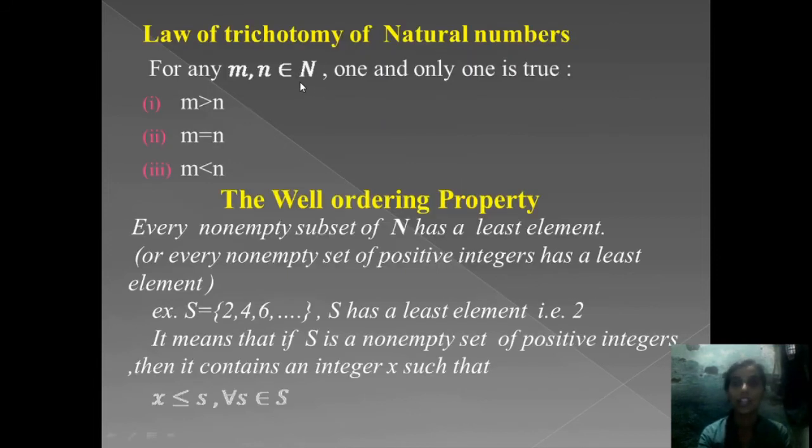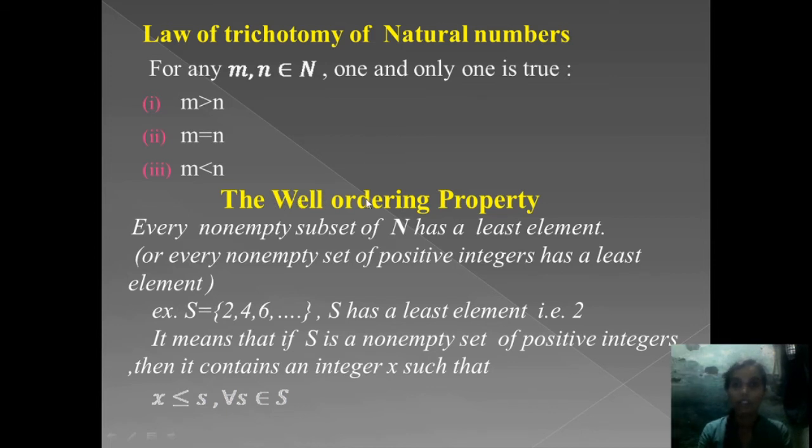We state that for any two natural numbers, one and only one condition is true, that is either the first is greater than the second, or the first is equal to the second, or the first is smaller than the second. That is, for any m, n belongs to N, either m is greater than n, or m is equal to n, or m is less than n.